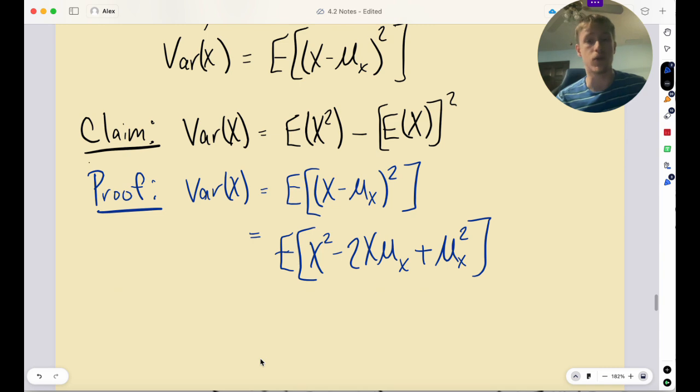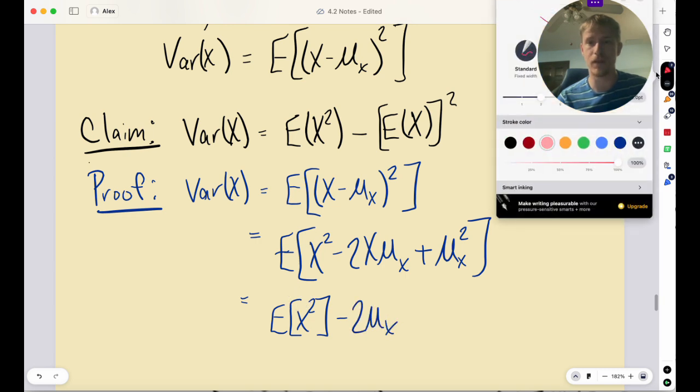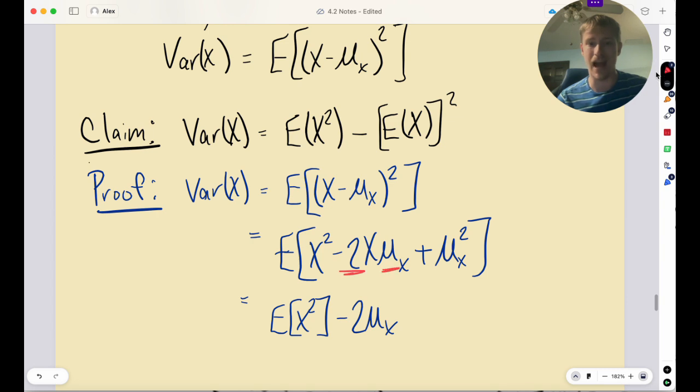Then we can use the linearity of the expected value and write this as the expected value of all these added together. By the way, I'm pulling this and this out because they're constants. The expected value of x is a constant.